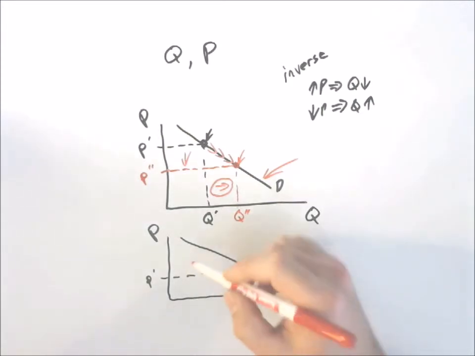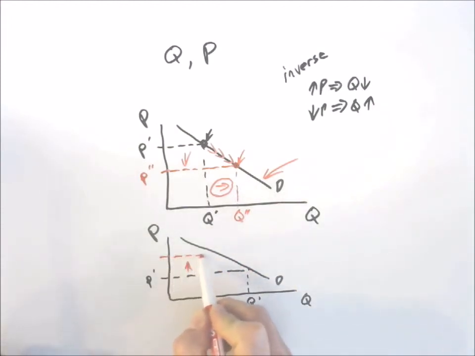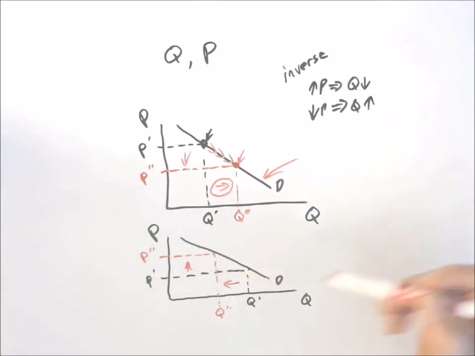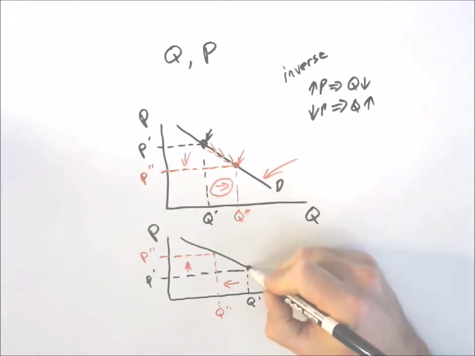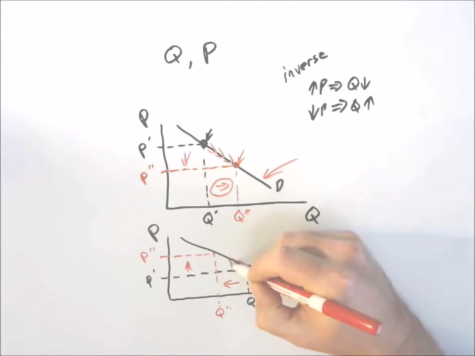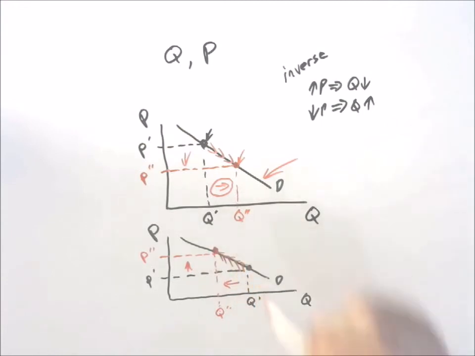If I raise the price of the product, my quantity demanded falls to Q double prime. In other words, I'm moving along the demand curve in the other direction to a new quantity demanded.